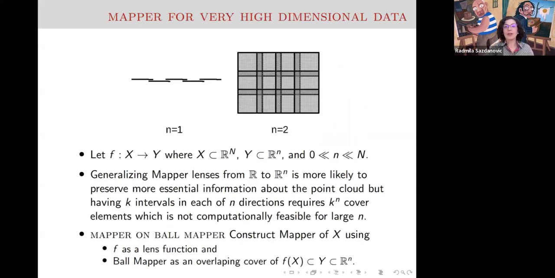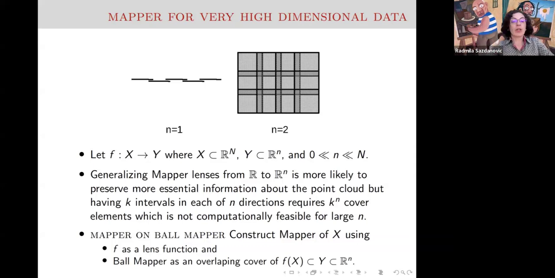Okay, last development. Everyone, I think, would like to be able to use mapper on very high dimensional data and potentially use it with higher dimensional lens functions, right? So if I have a function from X to Y, both in very high dimensional sets, but the difference between the dimensionality of X and Y is really big.